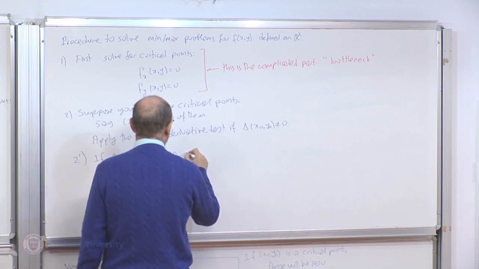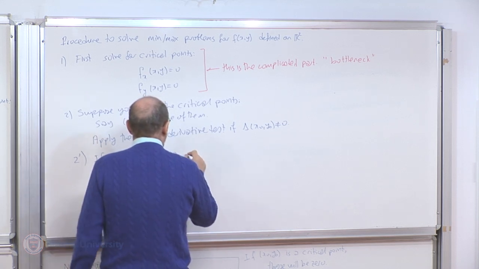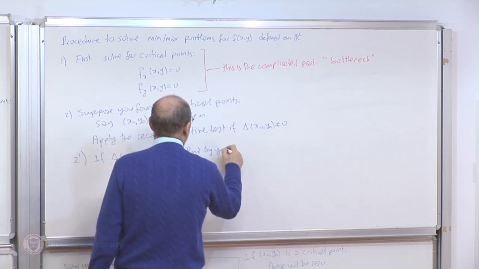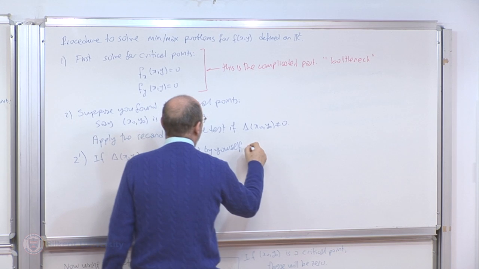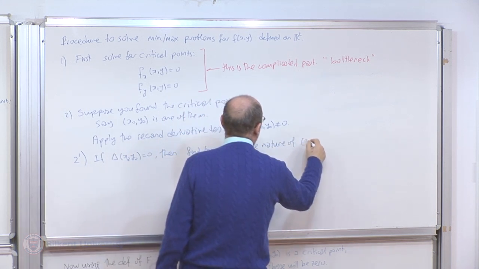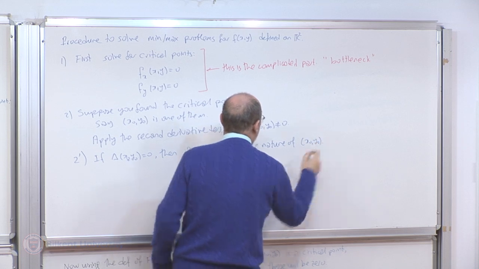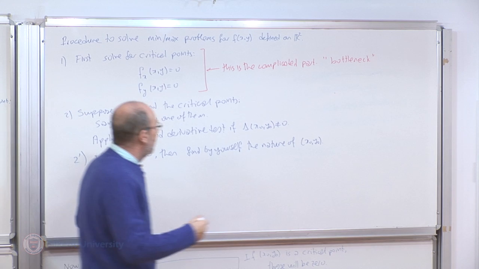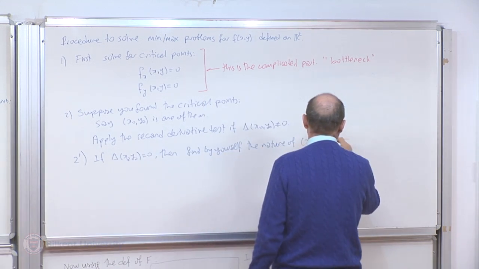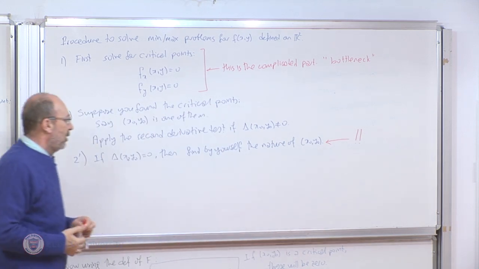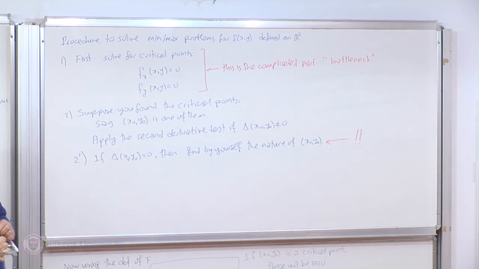Then anything goes. Then, okay, find by yourself the nature of (x0, y0). Okay, so this is another part. You have to be using your brain and a lot of luck. Okay, anything goes.